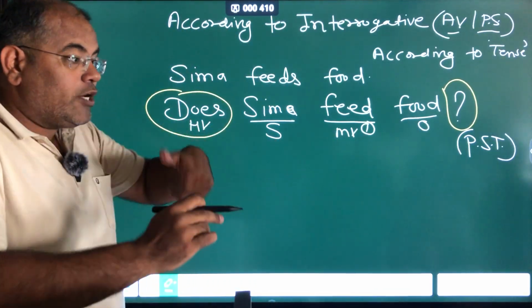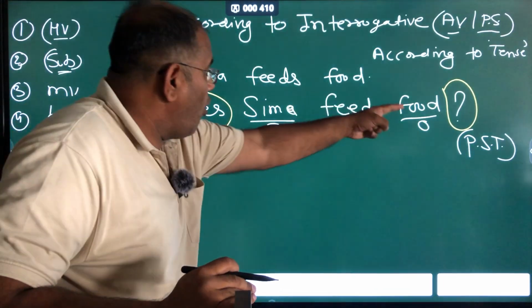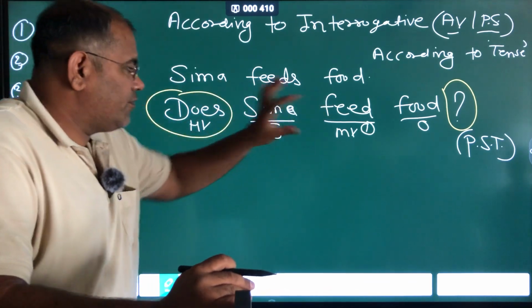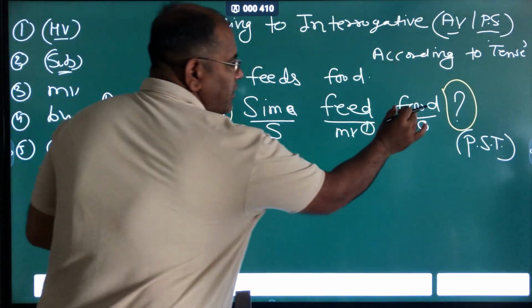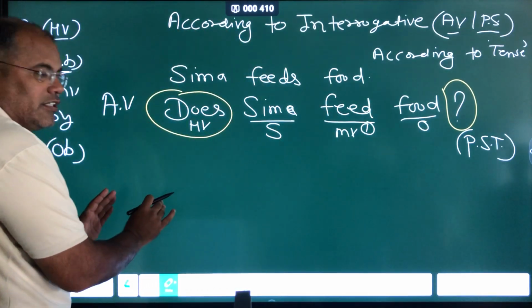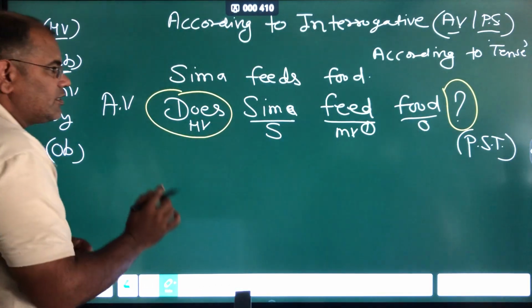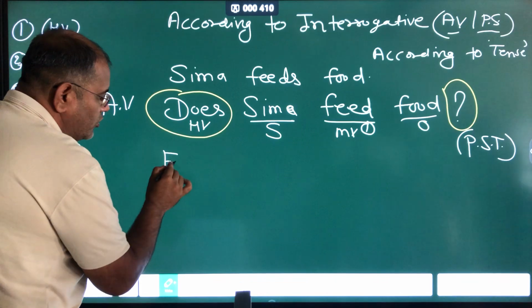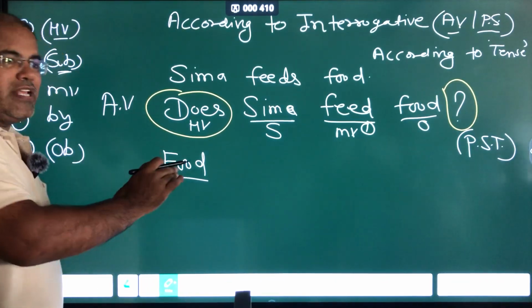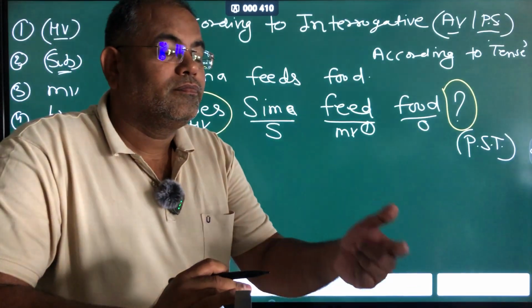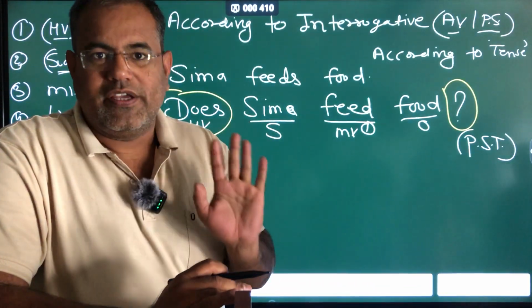So according to GR policy, the object of the AV will be the subject of the PV. So I will use here food as a subject. Is that clear?